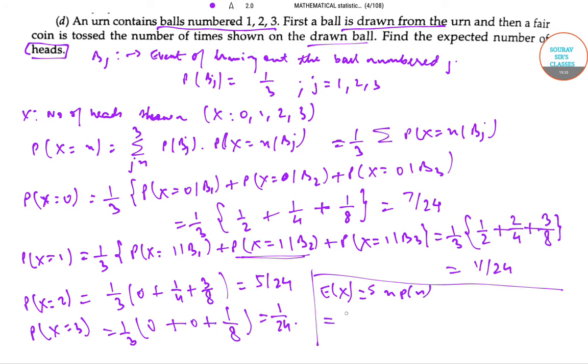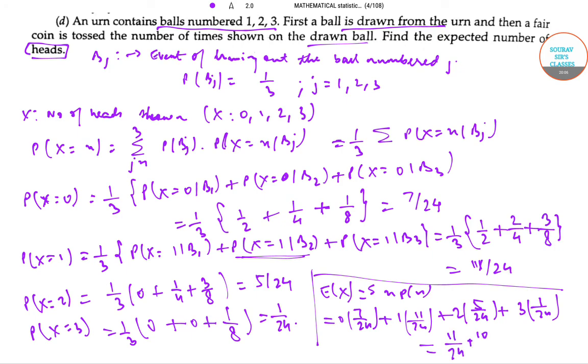So this is 0 into 7 by 24 plus 1 into 11 by 24 plus 2 into 5 by 24 plus 3 into 1 by 24, and this comes out to be 11 by 24 plus 10 by 24 plus 3 by 24, that is actually 24 by 24, which is equal to 1. So expectation x is equal to 1.